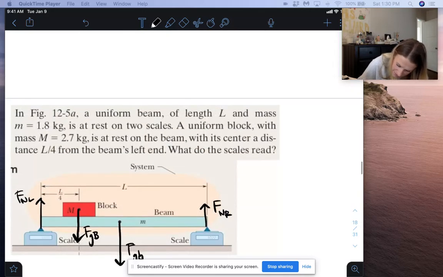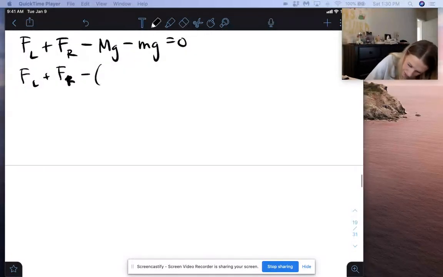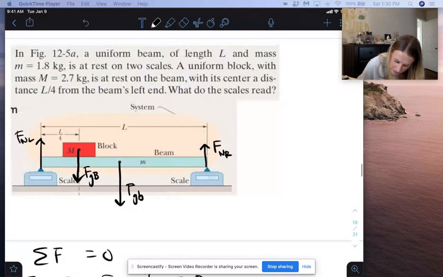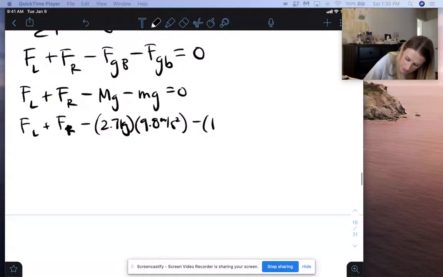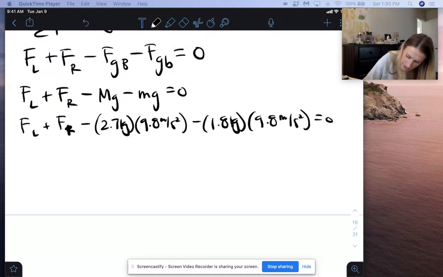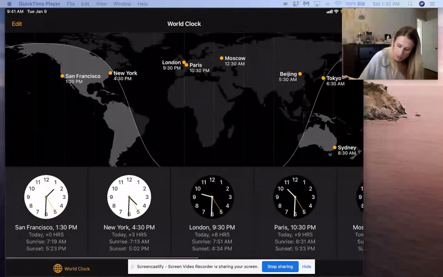Big M, the mass of the block, was 2.7 kilograms times 9.8 meters per second squared, minus little m, the mass of the beam, 1.8 kilograms times 9.8 meters per second squared, and that's all going to equal 0.